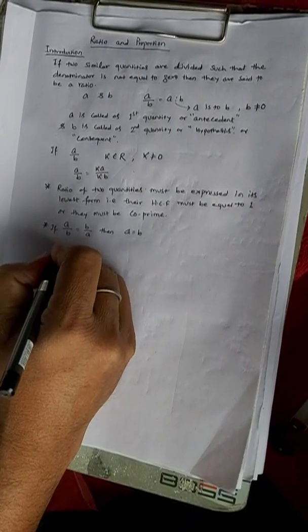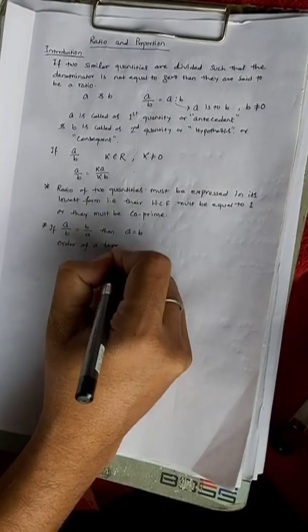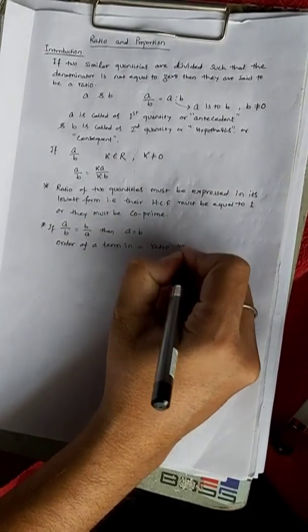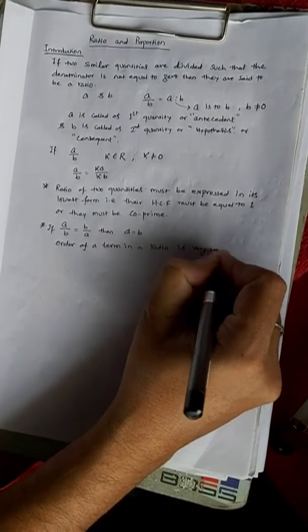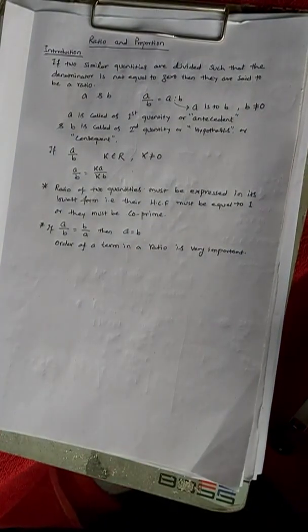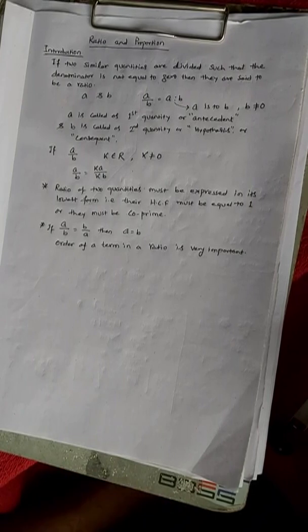So the order of the terms in a ratio is very, very important. We cannot change that. In my example, A by B is equal to B by A only if A and B are equal, otherwise you cannot write it.